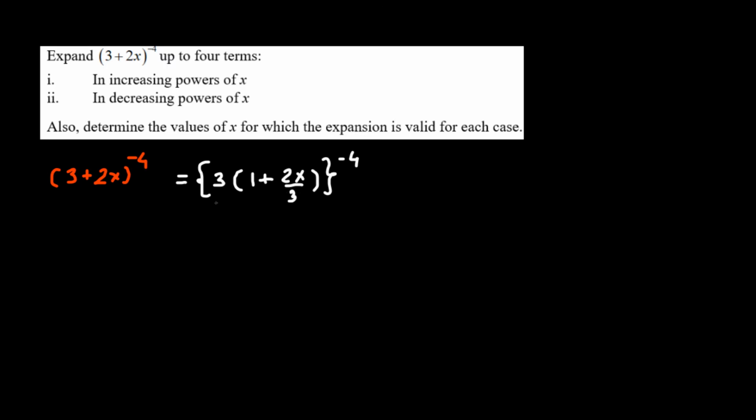So let us begin. Now that we have factored out 3 from the binomial expression, we are going to take it out of the parentheses, and this will be 3 raised to the power of -4 using the laws of exponents, and the leftover term will be (1 + 2x/3) raised to the power of -4.